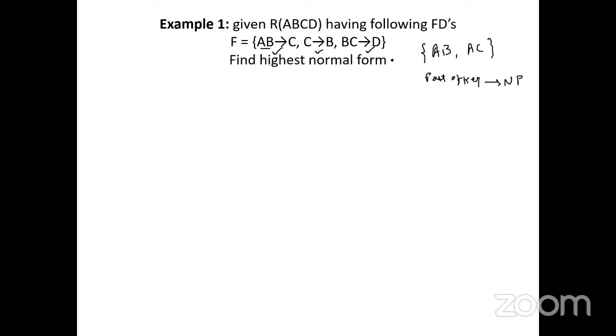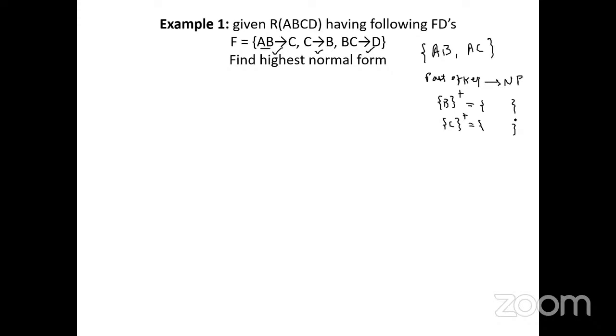But what if not BC plus, if I do B plus? What if I do C plus? What I'm now trying to do is check whether D is present when I do B plus, and whether D is present when I do C plus, right?